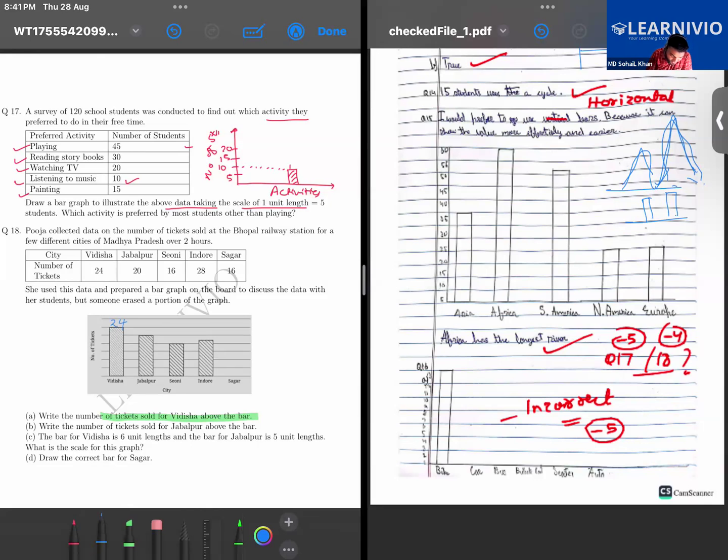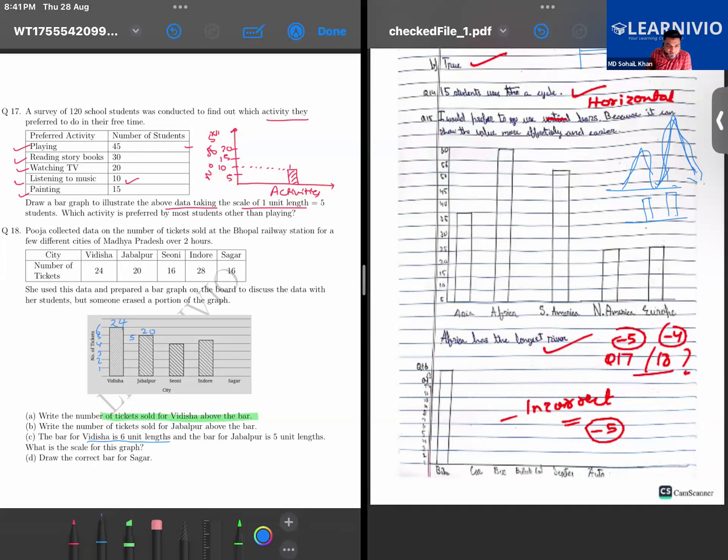How many tickets were sold for Jabalpur? It is 20, right? And the bar for Vidisha is 6 units length, 1, 2, 3, 4, 5, and 6 unit length. And the bar for Jabalpur is 5 units long.